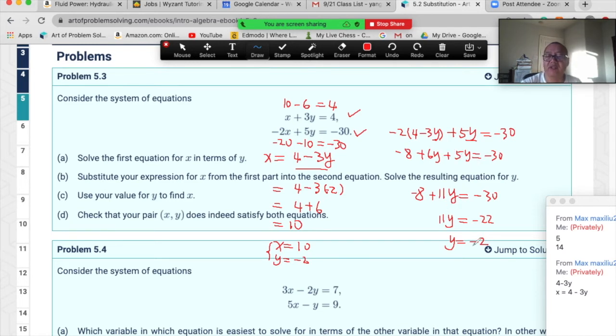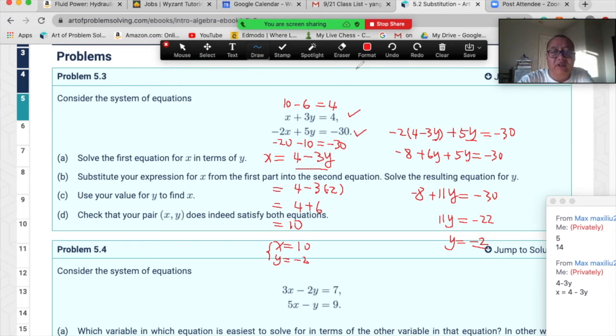Then you get y equals -2. After you get this, you plug back into the expression of x to get x equals 10. So this is exactly a very successful strategy called substitution to solve a system of equations.